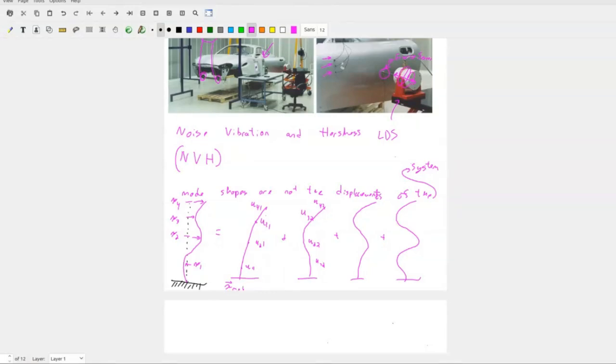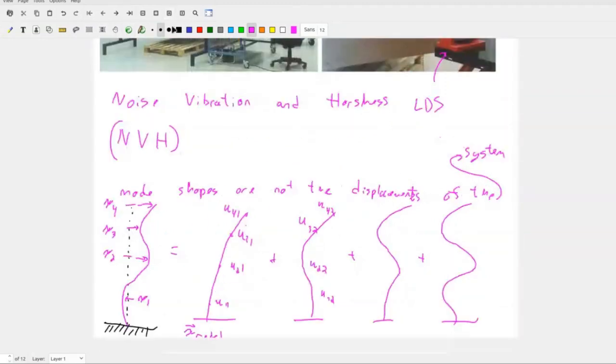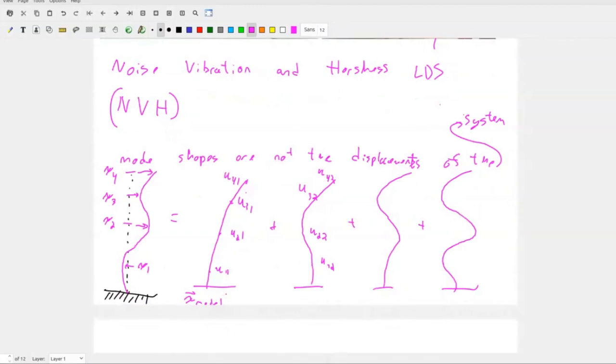X of mode 1, I'm going to zoom in a bit, is equal to Q1 U1 vector, where Q is my participation factor. How much of this mode participates in the displacement?